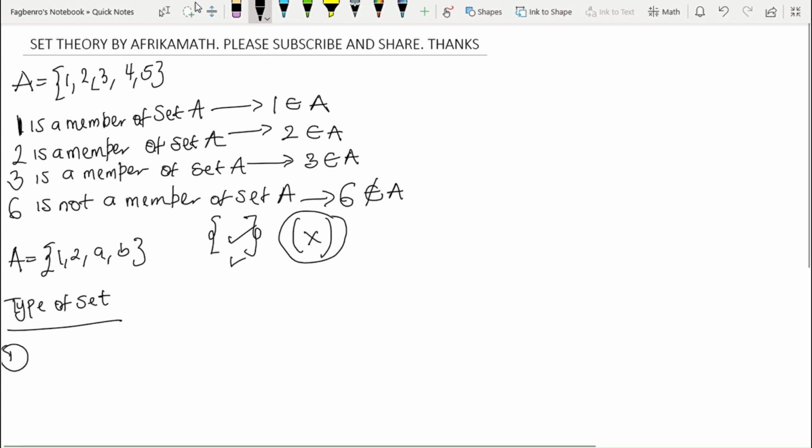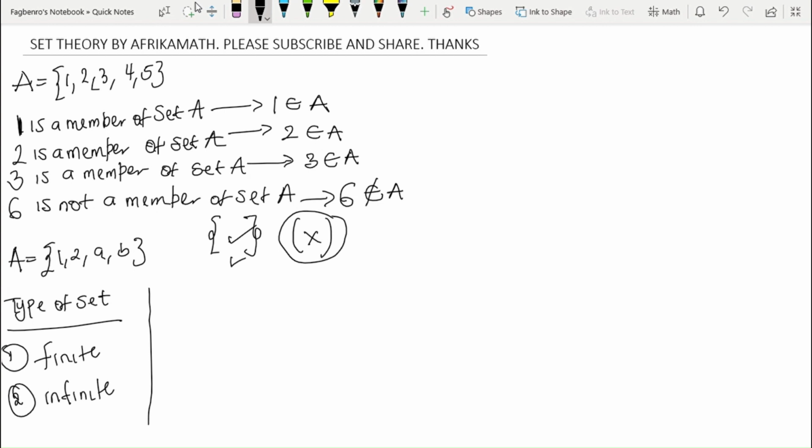One of the most important parts of set is the type. We have the finite set and the infinite set. In a simple language that we can understand, let me define what a finite set is.